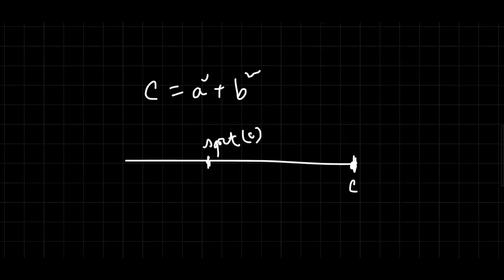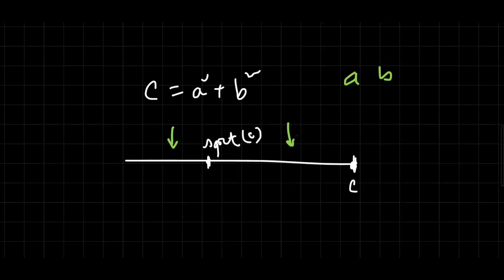Now, the basic intuition is if we can represent any current integer by the summation of a square plus b square, that means in those kind of cases, between a and b, one will appear before the square root and another will appear after the square root.